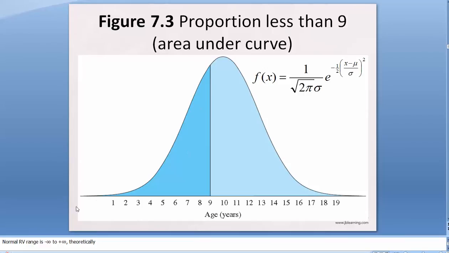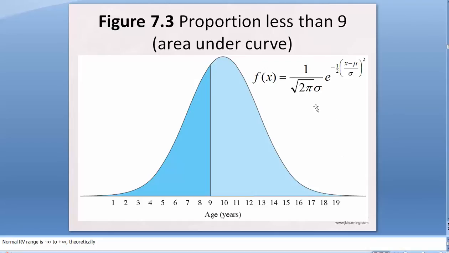So to get that 40%, you need to integrate starting from negative infinity up to 9, and then you will get 0.4. That's how you get that 40%. Theoretically, all bell curves go from negative infinity to plus infinity, but practically, of course, that's not the case. There are limits to most of the measurements we make in life.